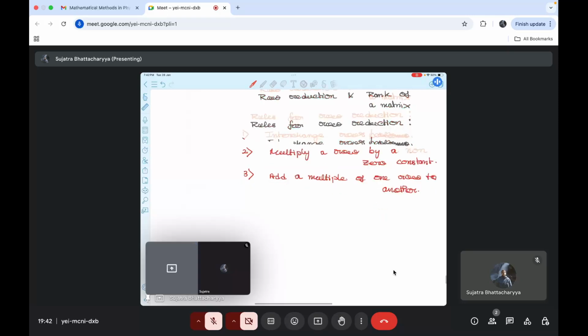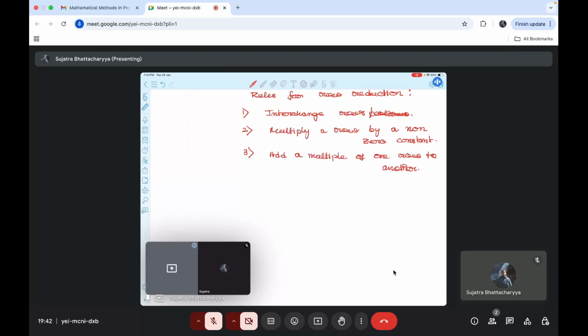Now, what will happen after doing all these steps? Where will you understand that now you have to stop? So the stopping criteria is that, number one, the leading entry of every row is 1. This is important.